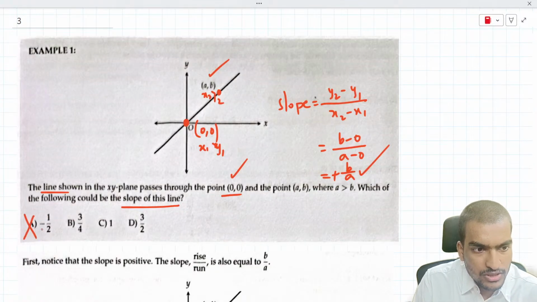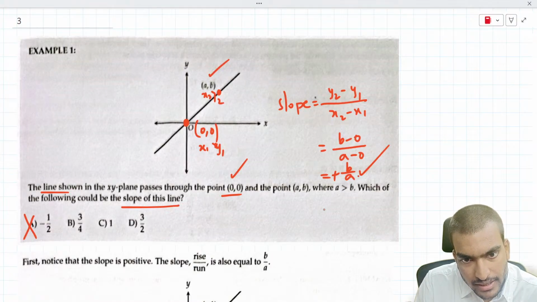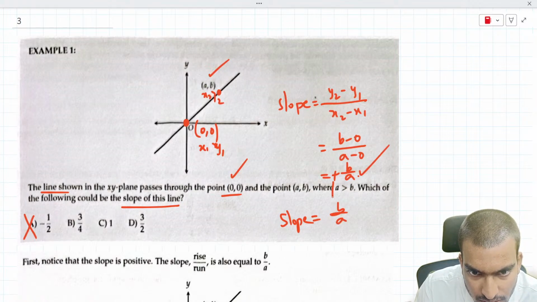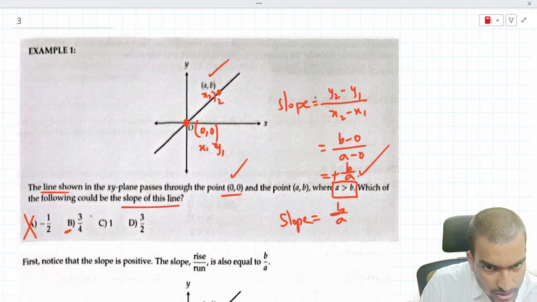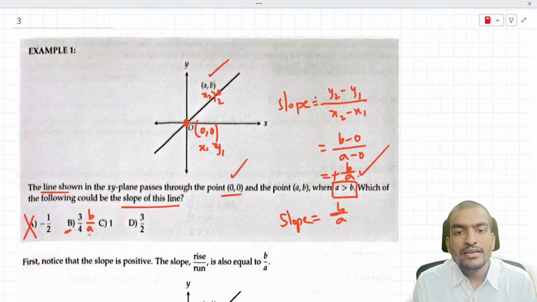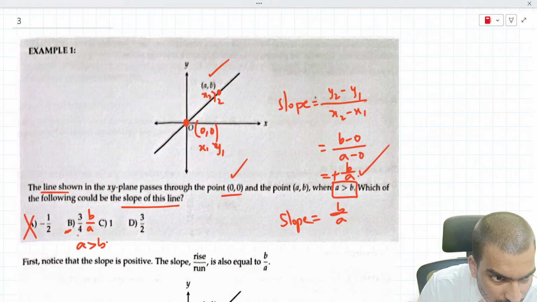So now, obviously eliminate option A because it is a negative slope. And here they mentioned b by a. We got slope b by a. And in this, what they mentioned here is that a is greater than b. If you go with option B, if you consider this as b by a, the a value must be greater. Is it okay with the condition that a is greater?